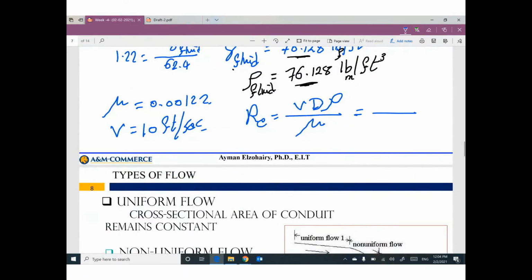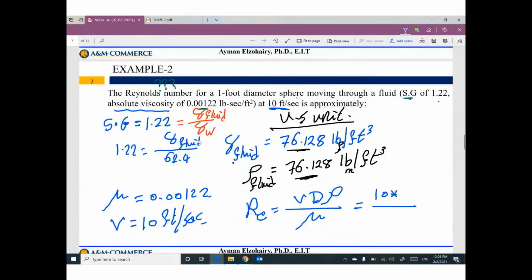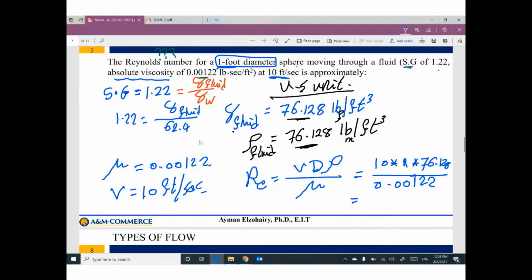V, velocity, is 10, diameter is 1 foot. Rho is 76.128, divided by mu, 0.00122. What is the value of this Reynolds number? It is 624,000.